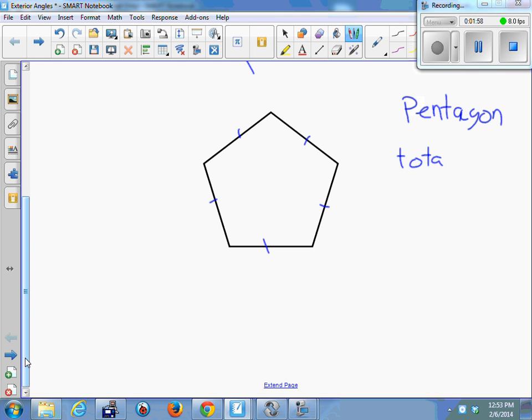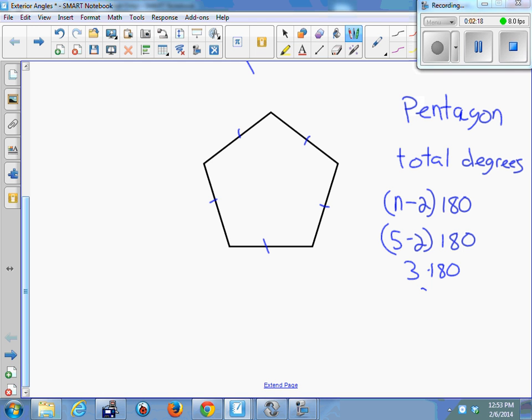The total degrees inside of any polygon, you should know the formula is n minus 2 times 180. That gives us 5 minus 2 times 180, 3 times 180, which is 540. So that gives me the total degrees, and now we're going to find out how much each angle is.